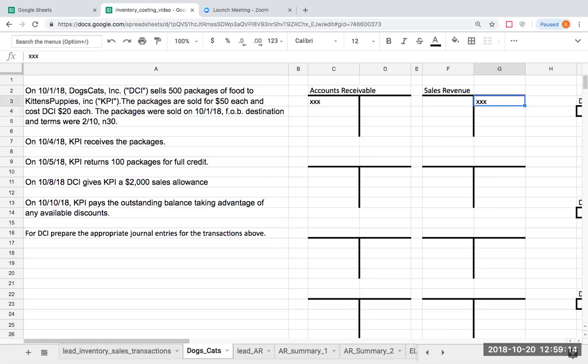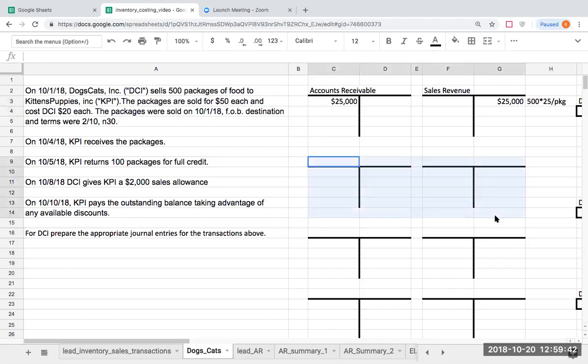So when we record the sales revenue, how much was it? Well, I sold 500 packages at $50 each for a total of $25,000. So that's where I'm getting that first number from. And then I'm also debiting accounts receivable for the same amount.